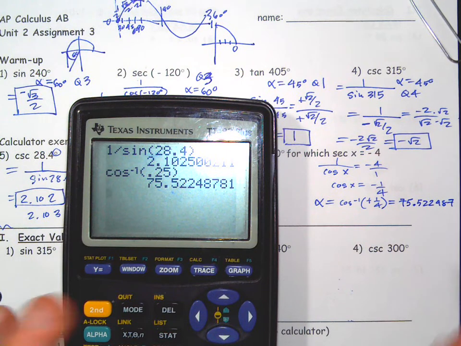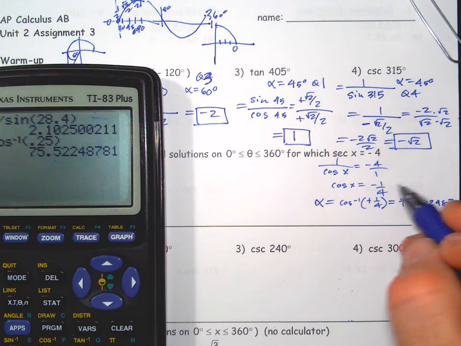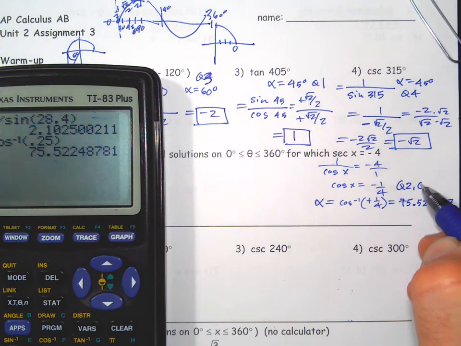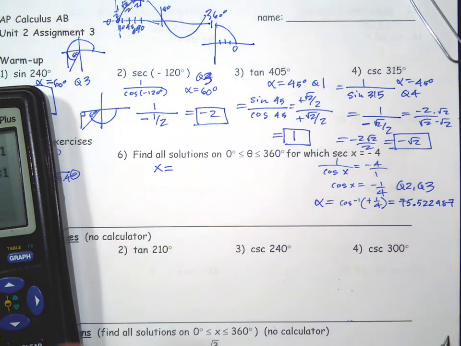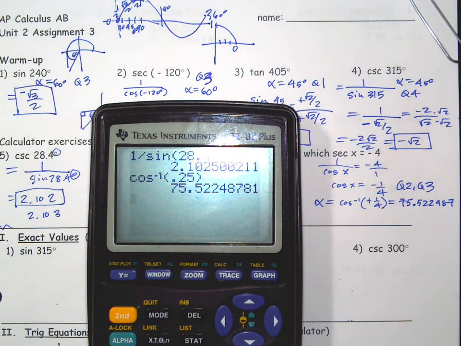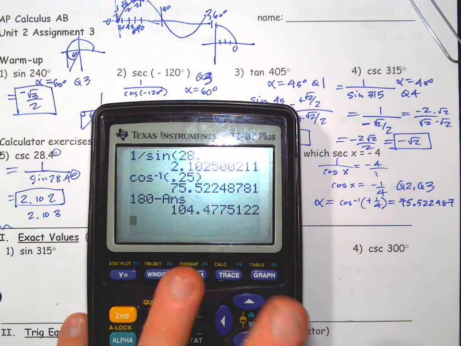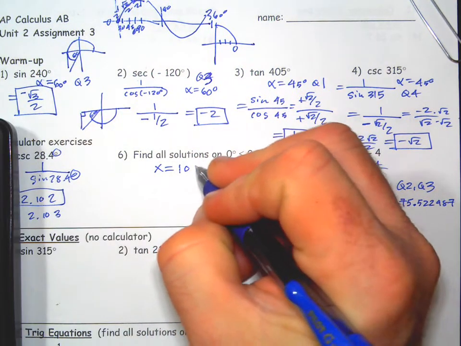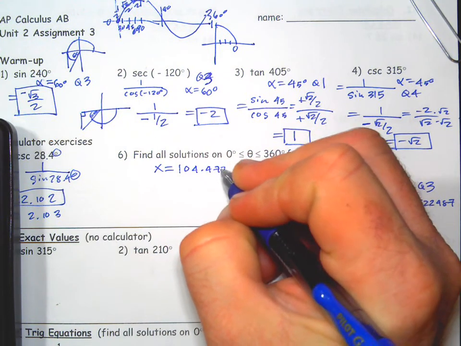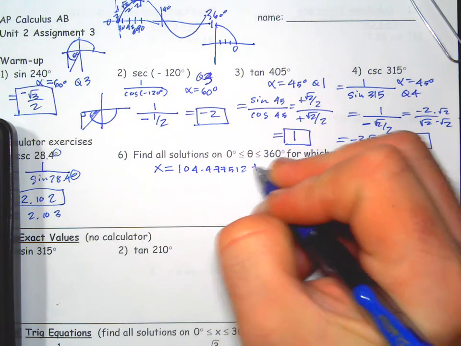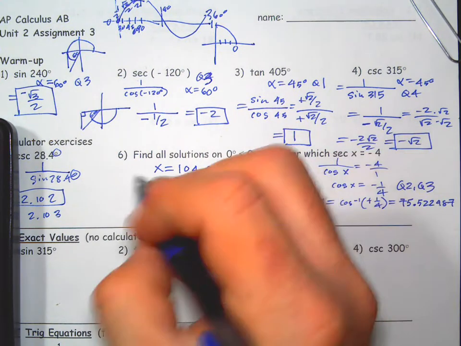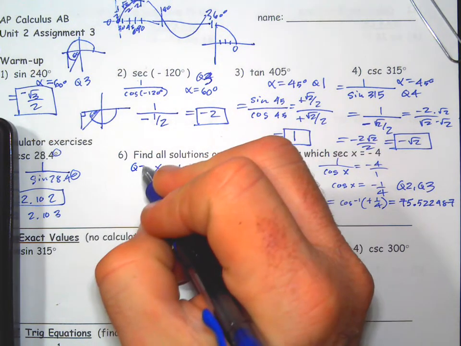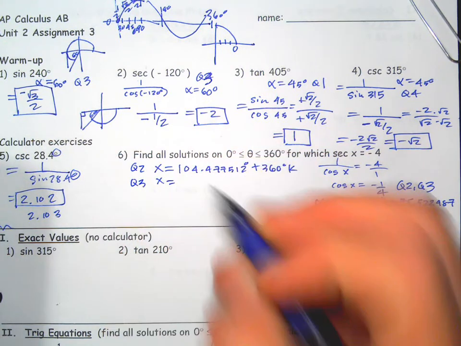Now, in what quadrants is cosine negative? Quadrant 2 and quadrant 3. So your answers, all of them, are infinite. Quadrant 2 is going to be 180 minus alpha. So that's 104.477512 plus 360k. Right? So that's quadrant 2. Quadrant 3 is 180 plus alpha.